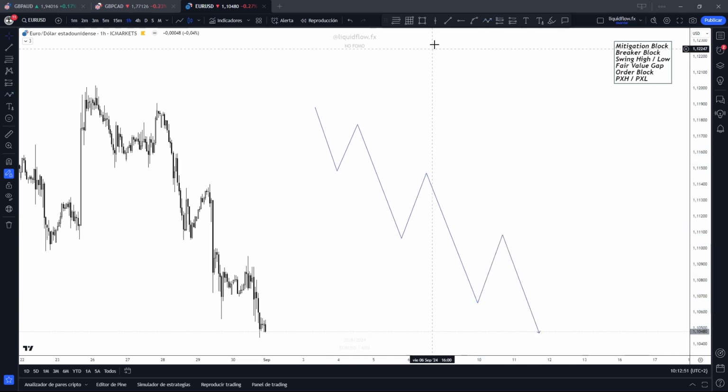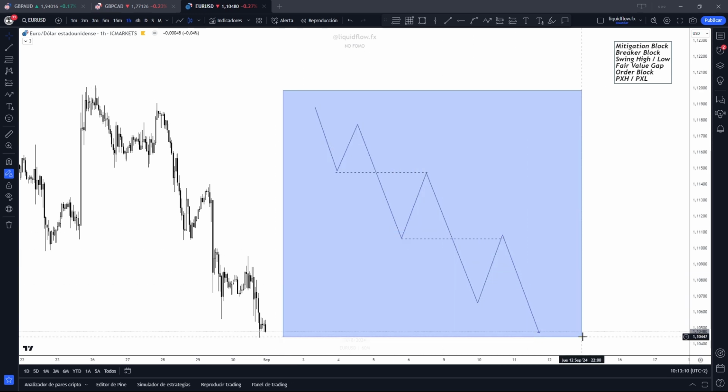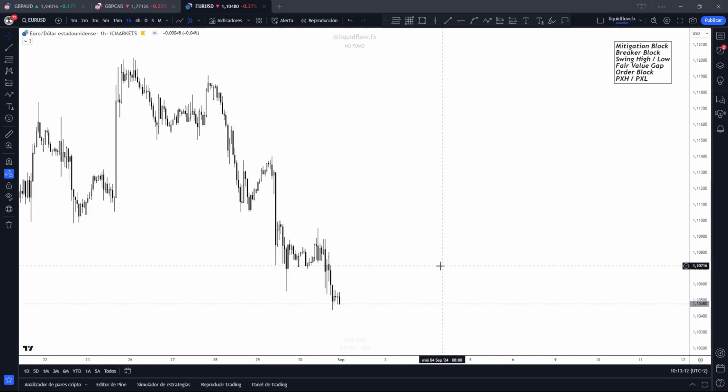For example, in this example, this is our mitigation block. Then we break below this high and we have again a mitigation block. So this kind of block we will see like the last candle before making the retracement.